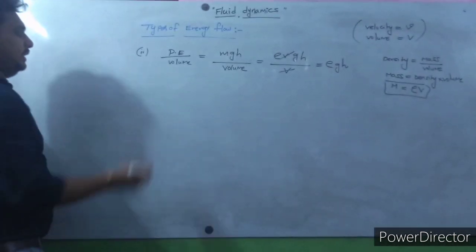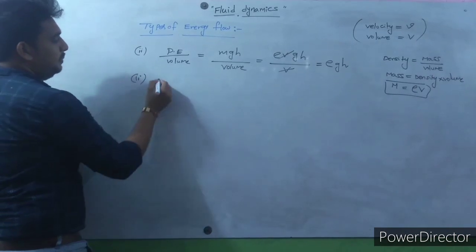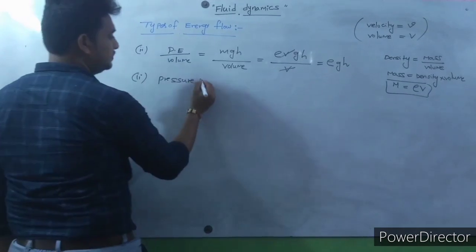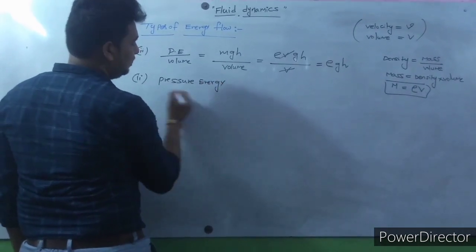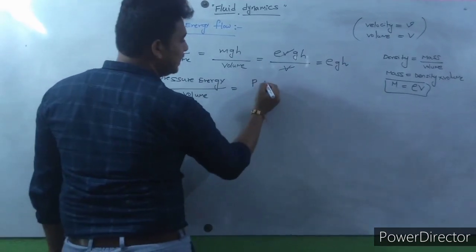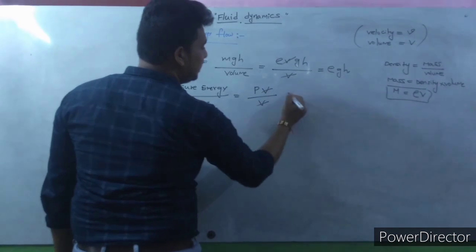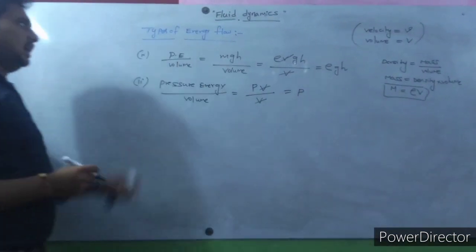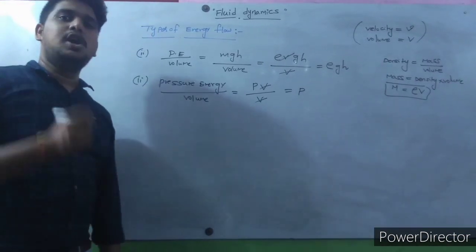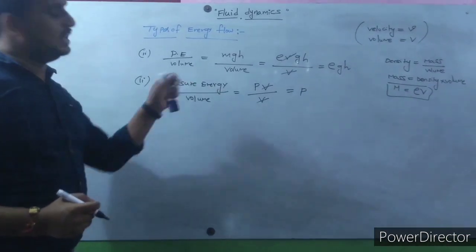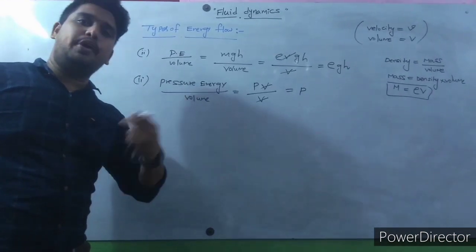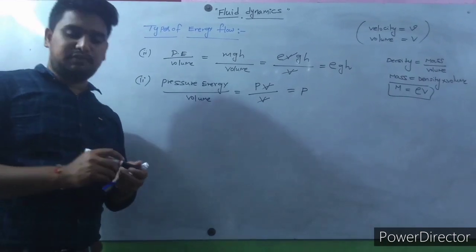Third one, pressure energy by volume. Pressure energy means pressure P into V by V. V cancels, P. So these are the three types of energy flow: kinetic energy per unit volume, potential energy per unit volume, pressure energy per unit volume. These three we must know before discussing Bernoulli's theorem.